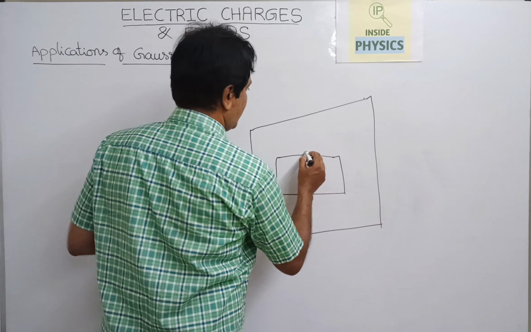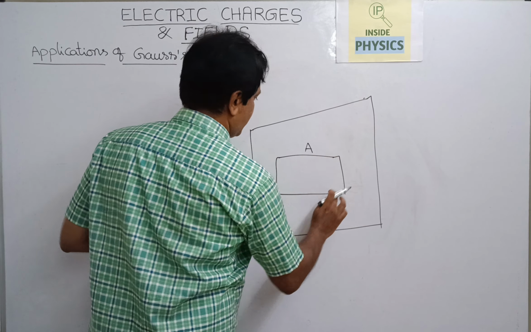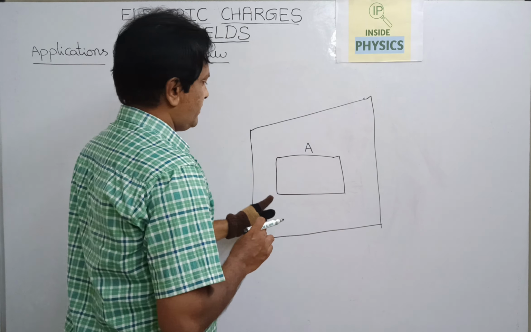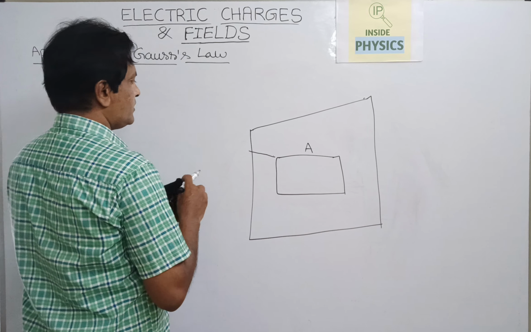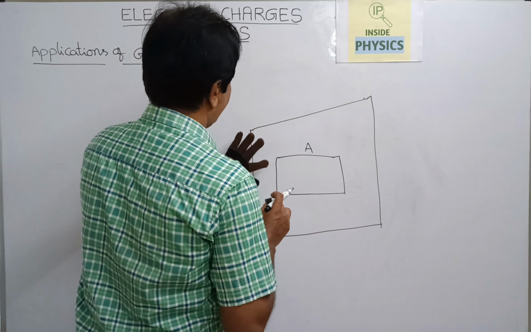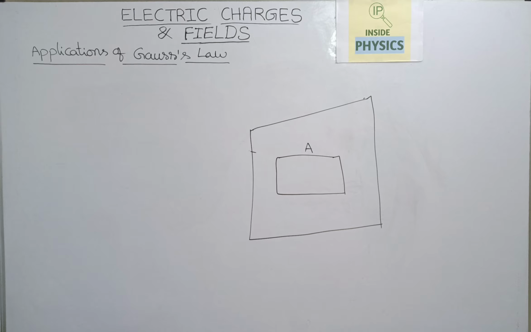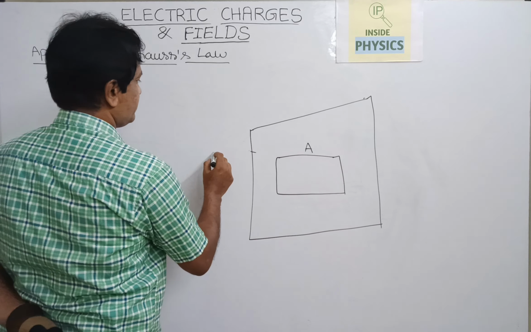How will we take the rectangular box here?